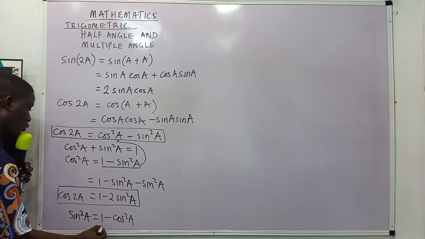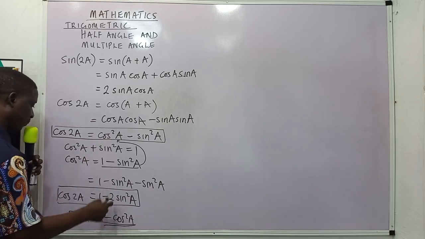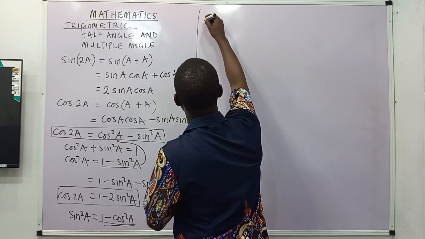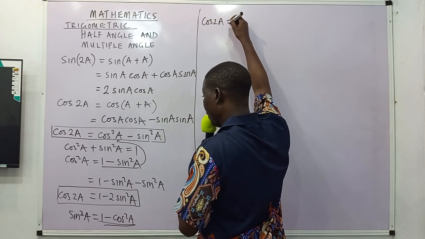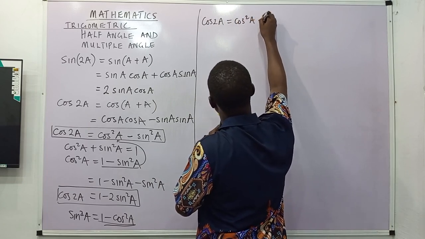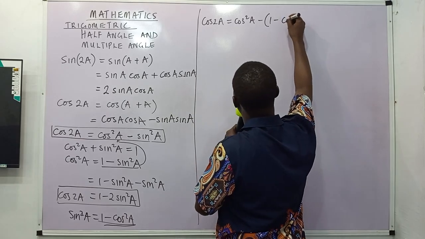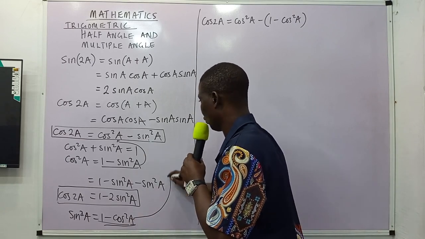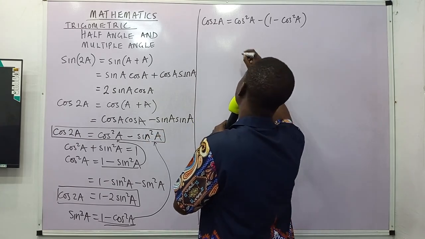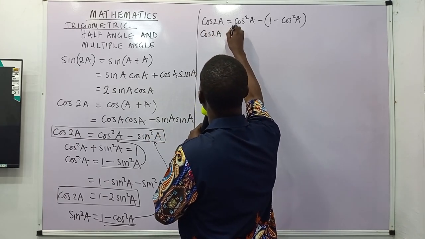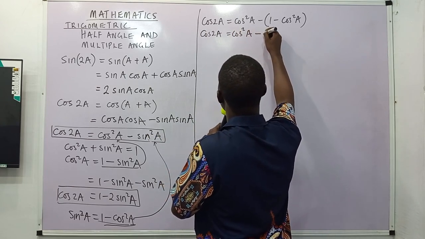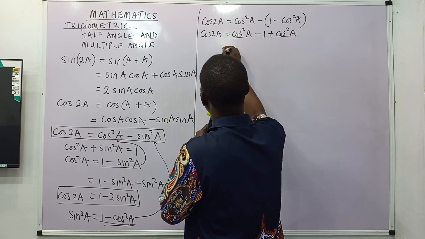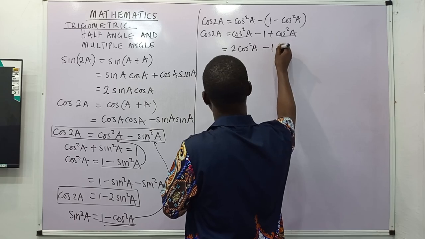What I want to do is place this in place of sine square A. So we are going to have cos 2A becomes cos square A minus 1 minus cos square A. That gives cos square A minus 1 plus cos square A. This and this will give us 2 cos square A minus 1.